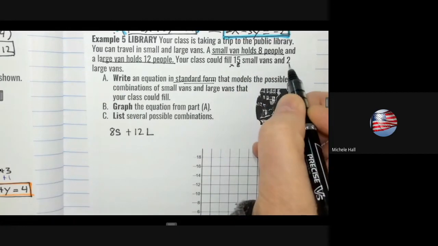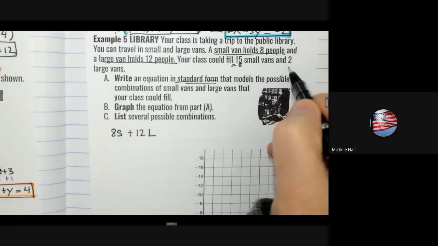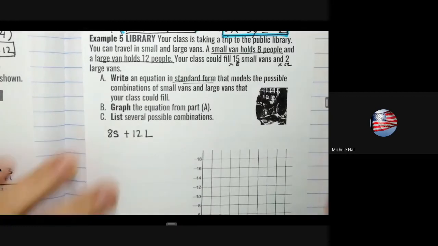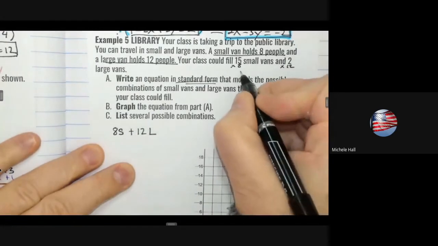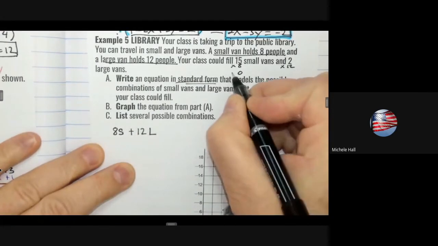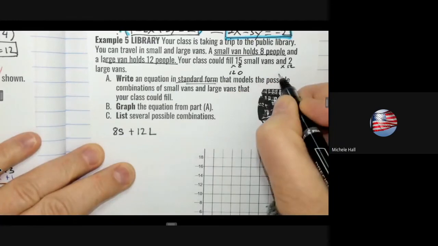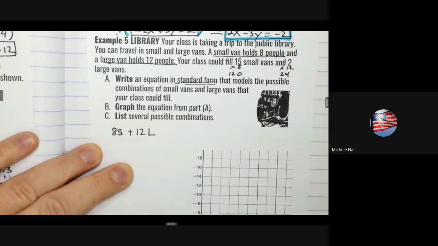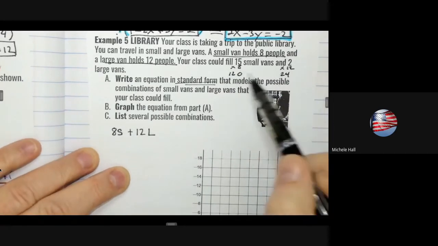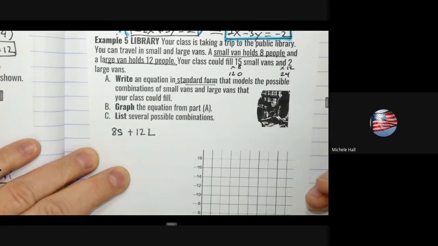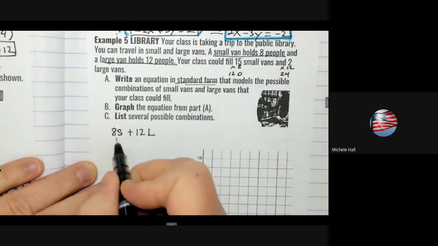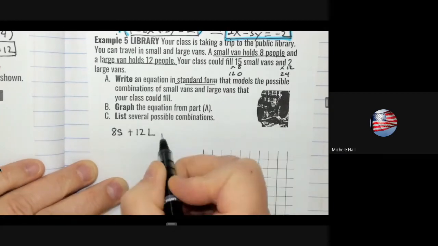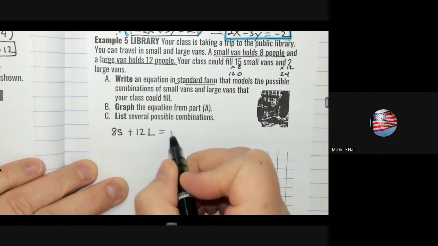And then 2 large vans hold 12 times 2. So how many people altogether? 15 times 8 and 24 for this. So we know that the total amount of students would be 144. So 8 people in the small van plus 12 people in the large van, and the total number of people is 144.